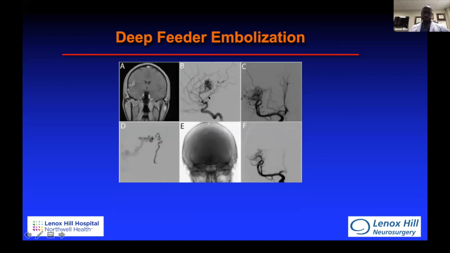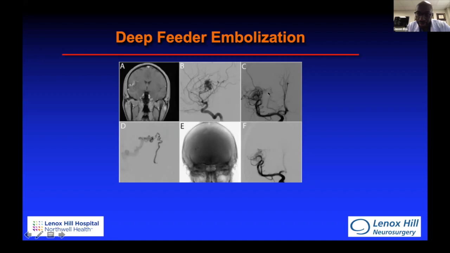This is a picture of deep feeder embolization. This is a right side insular region AVM. You can see it here on that catheter cerebral angiogram. This is the nidus fed by the middle cerebral artery. But the artery of interest here is this small one here.